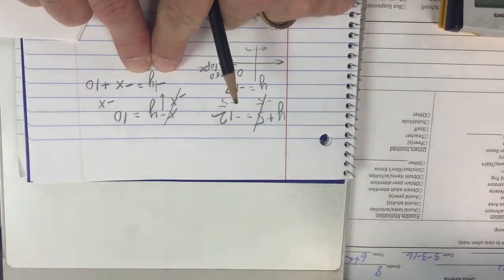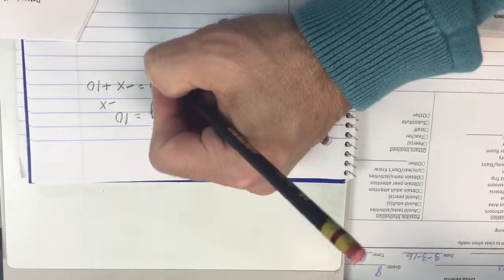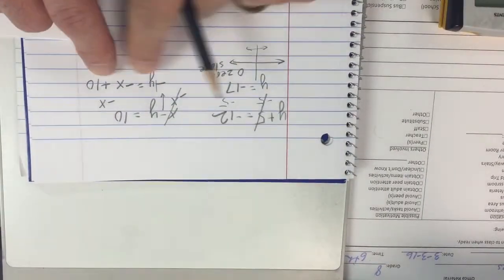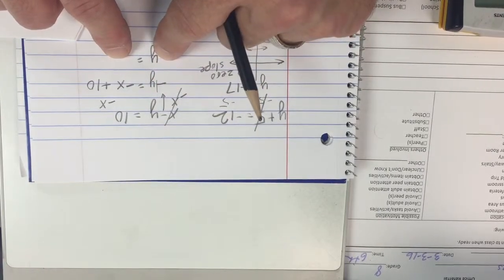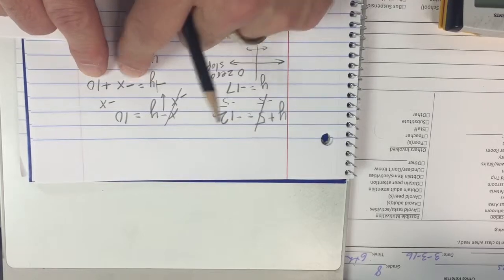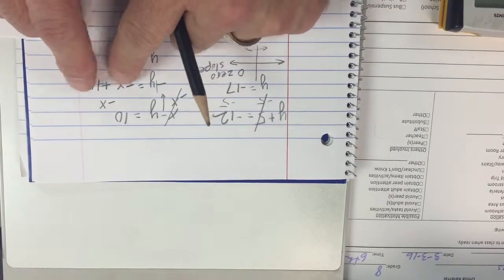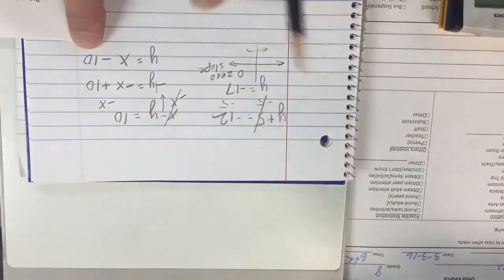So if negative y equals negative x plus 10, a positive y is going to be the opposite of that, because negative y and positive y are opposites of each other. So it's going to be a positive x and a negative 10.